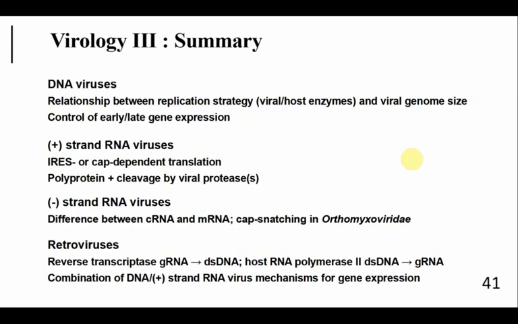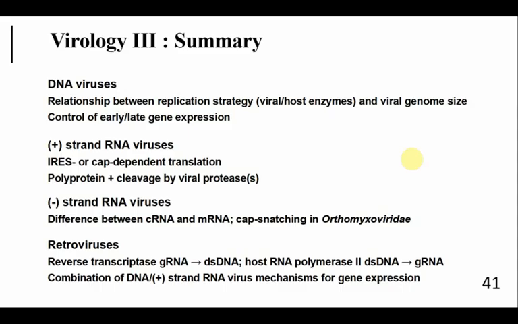Okay, so summary for all of this. So DNA viruses, one thing to remember, there's a big clear relationship between the size of the virus genome and how much the virus depends on the host cell for DNA replication and gene expression. So the more independent the DNA virus is, the bigger its genome has to be.